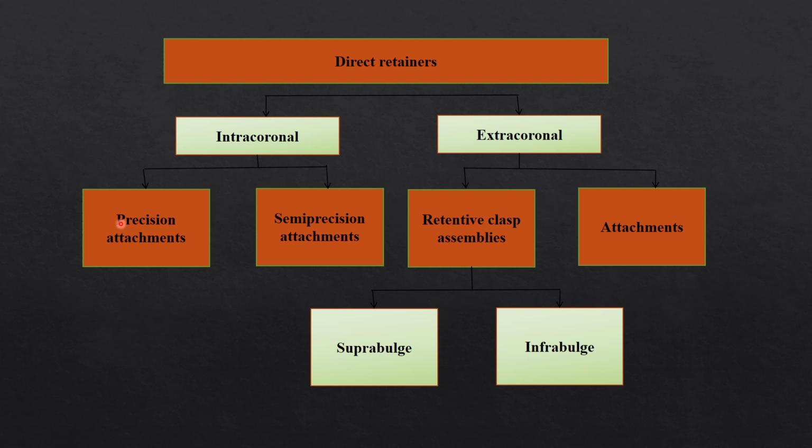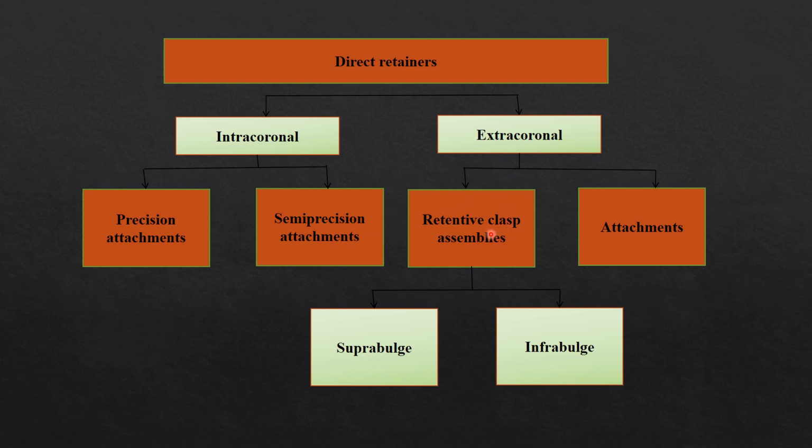They are either custom made in the laboratory, or they are prefabricated, which are sold by different brands such as Rhein 83, a famous brand that produces precision attachments. These can be incorporated in the contour of the abutment tooth by placing crowns, and then one part of the precision attachment is attached to the abutment teeth.